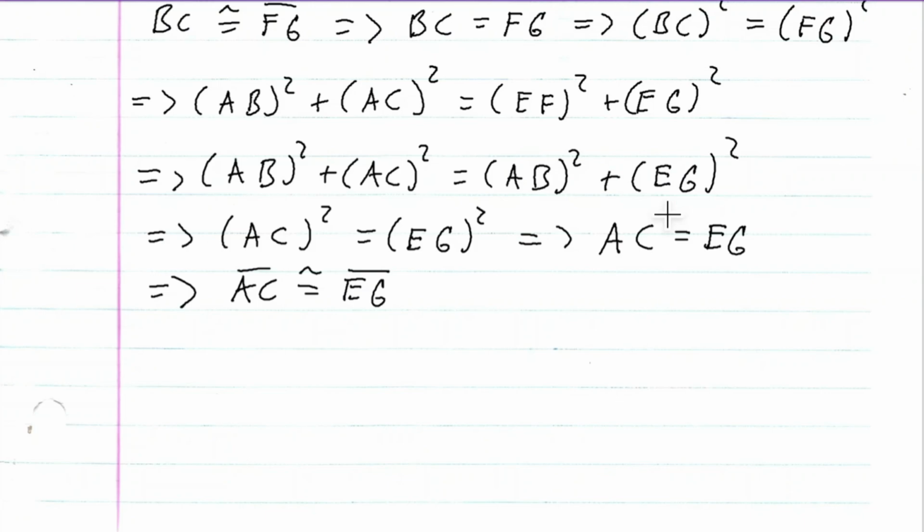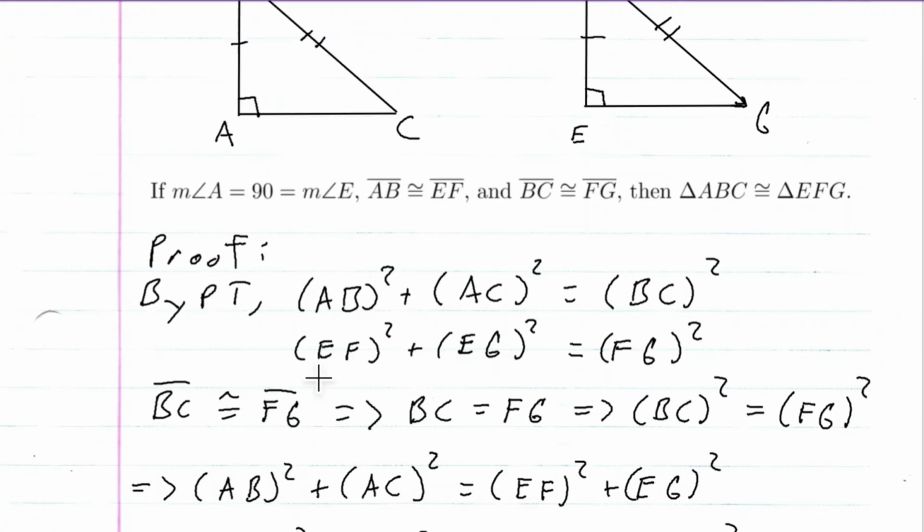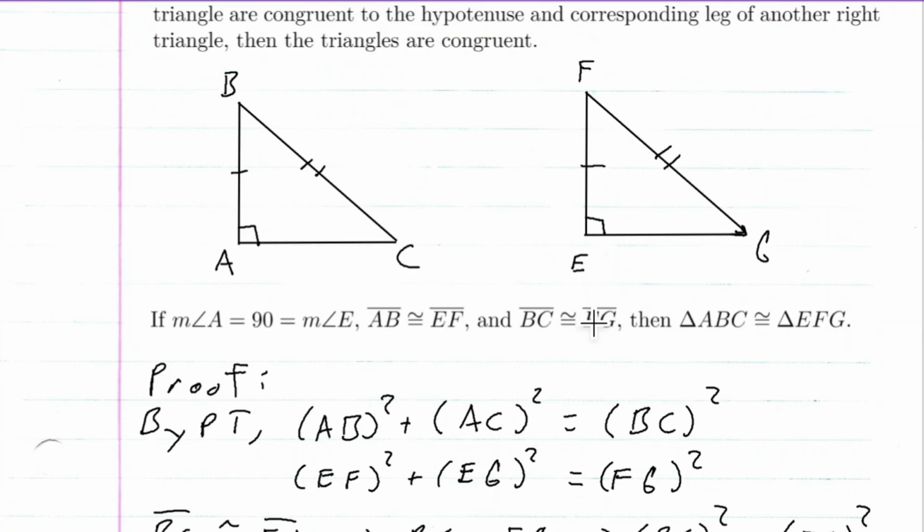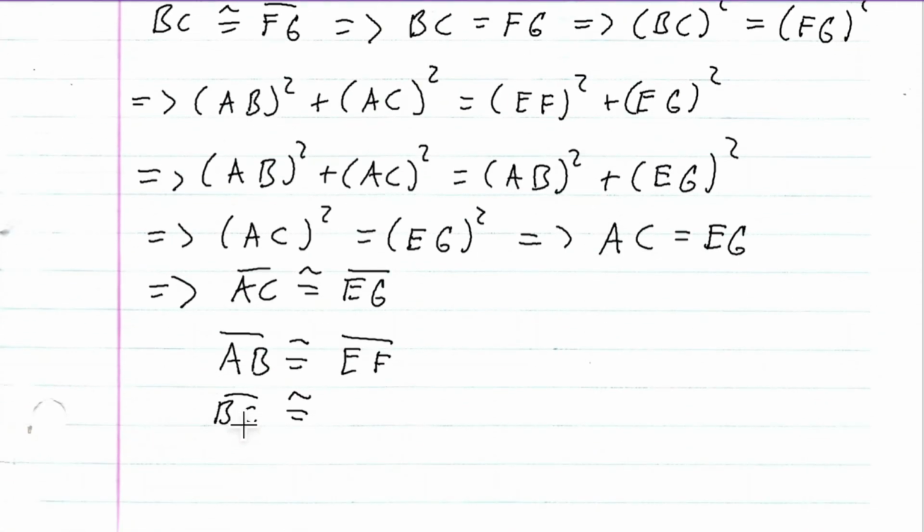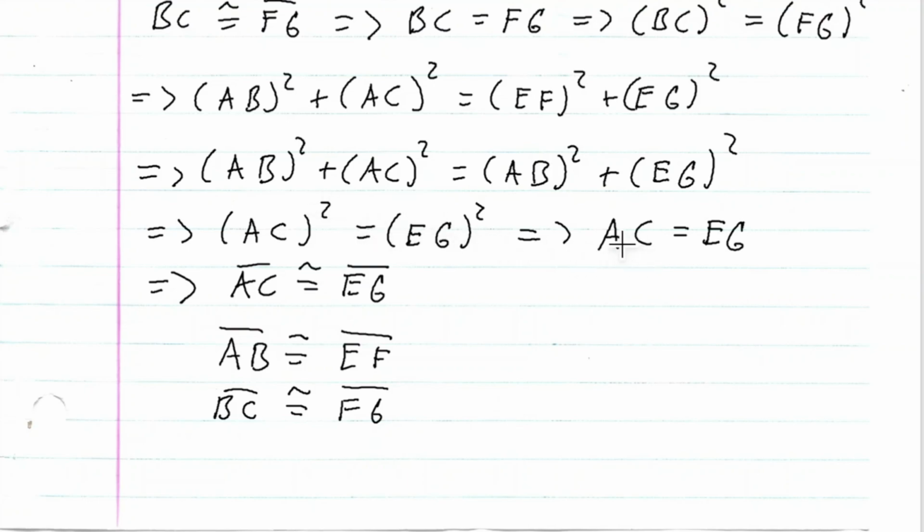So from the assumptions, I knew that AB was congruent to EF. I knew that BC was congruent to FG, right? And then what I just proved, I have AC is congruent to EG.